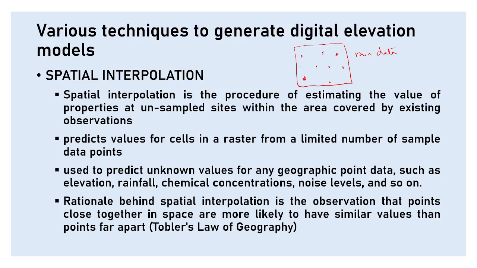If you remember, we had already discussed this. It is Tobler's law of geography. Basically, if you have information about one point, then the observation is that the point next to it will have similar values. So accordingly, we predict the unknown values.